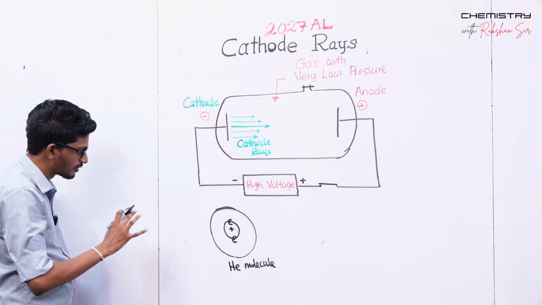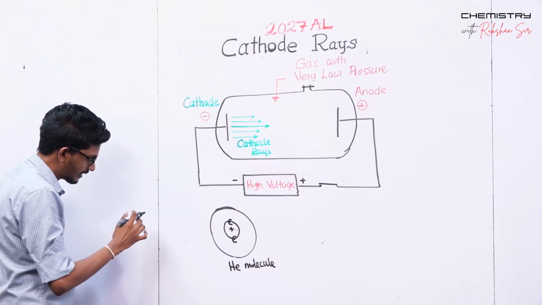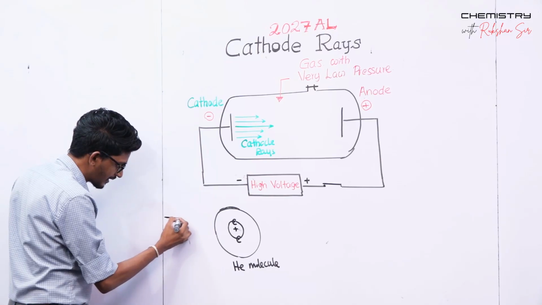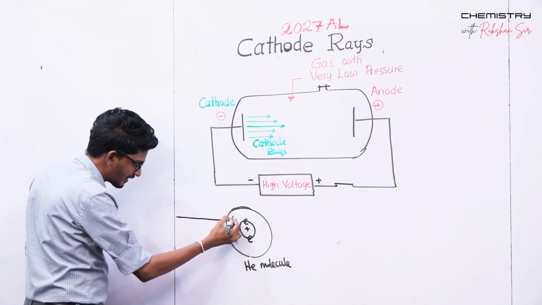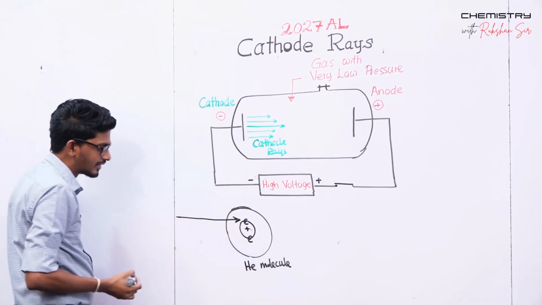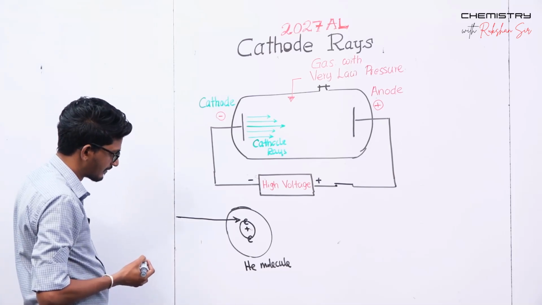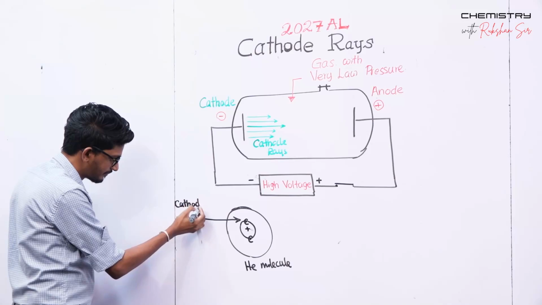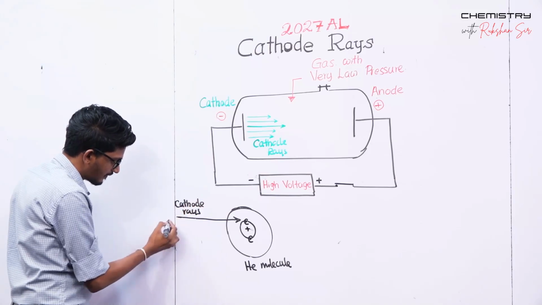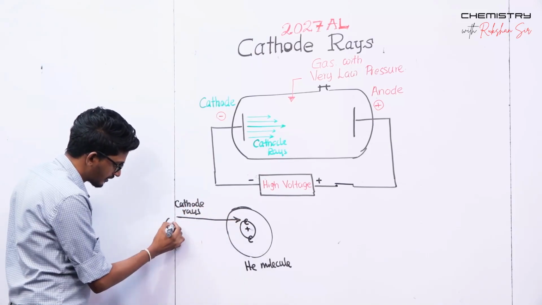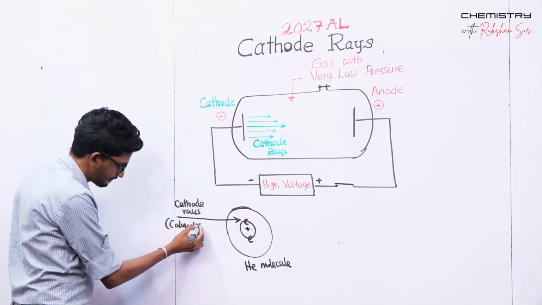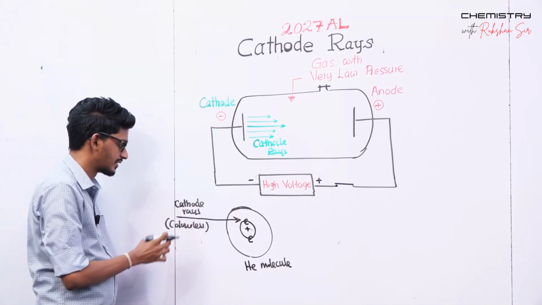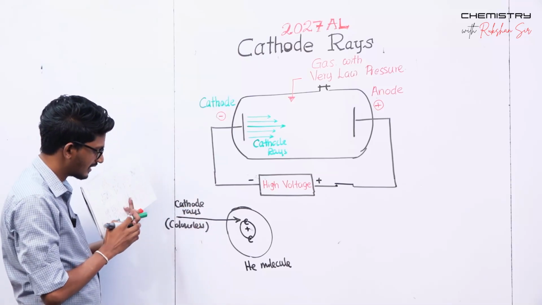Cathode rays are colorless. Those colorless cathode rays come, and when they hit the electrons of these helium atoms, they will transfer their energy to these electrons.